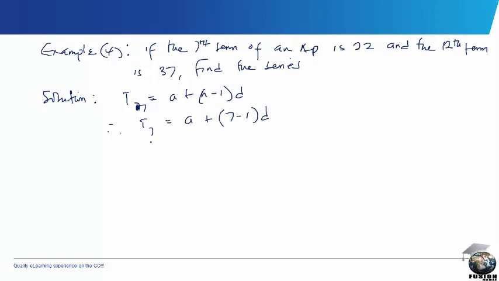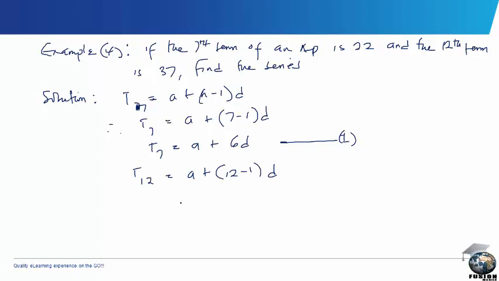So you can write T7 to be equal to a plus 6d. We call this our equation 1. Then we find the 12th term. T12 will be equal to a plus, we know n to be 12 minus 1, and then d, and so we have T12 to be equal to a plus 11d.